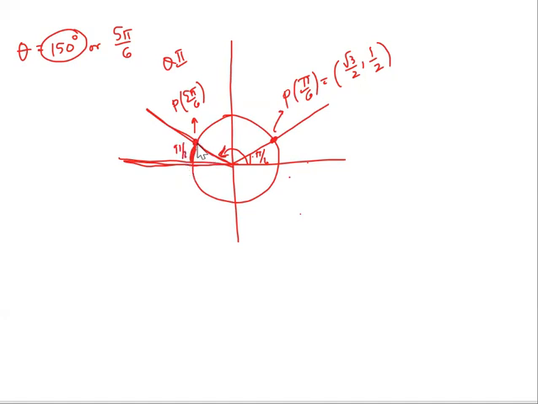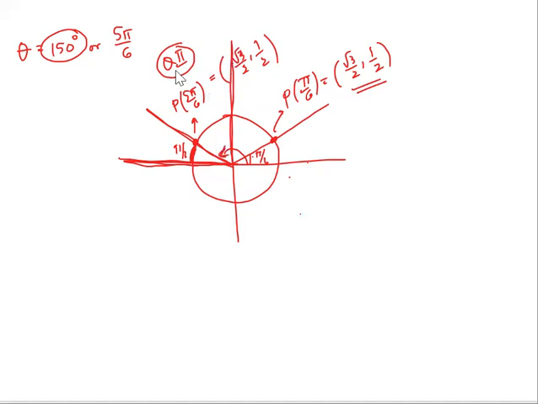So the terminal point of 5 pi over 6 will be almost the same as the terminal point of pi over 6. It's going to be square root of 3 over 2 comma 1 half. But we need to check the appropriate signs of the x and y coordinates. Since we are in the second quadrant, that belongs to the negative x-axis and the positive y-axis.